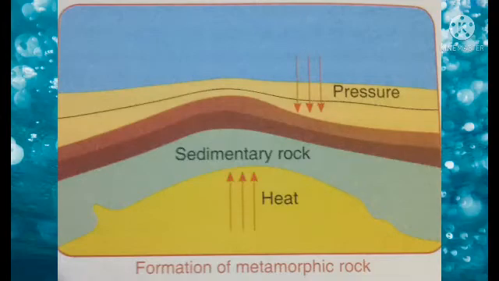Children, what happens when these rocks are under high pressure and heat at the same time? They don't melt but get converted to a new rock form called metamorphic rock.